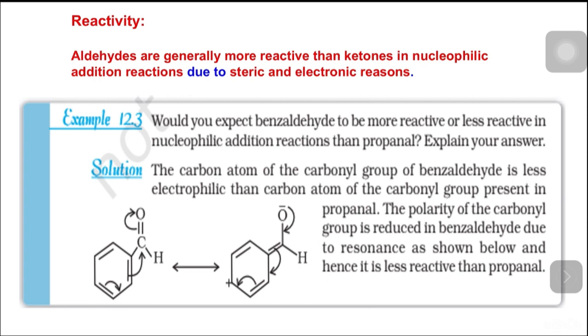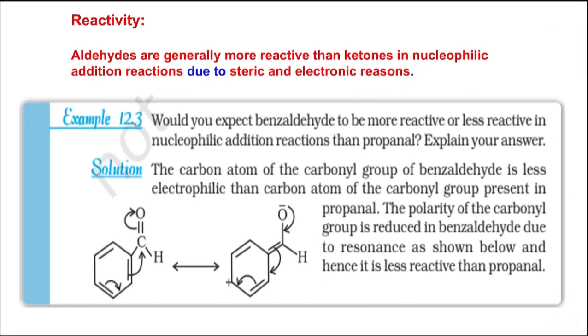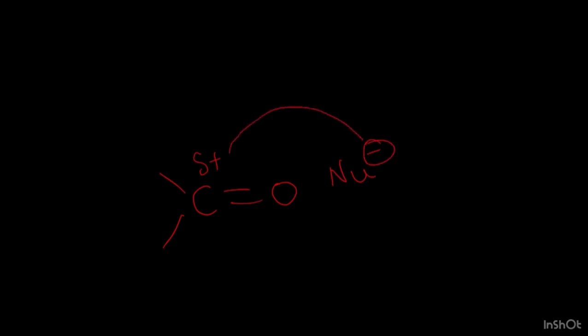Now, what happens here is that you have a carbonyl compound, and the carbonyl compound has this carbon with delta positive charge, where the nucleophile, which is in search of the positive charge, will come and attack. Now, what happens if it is an aldehyde?